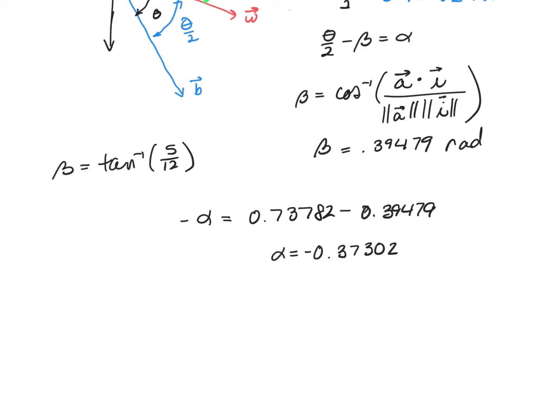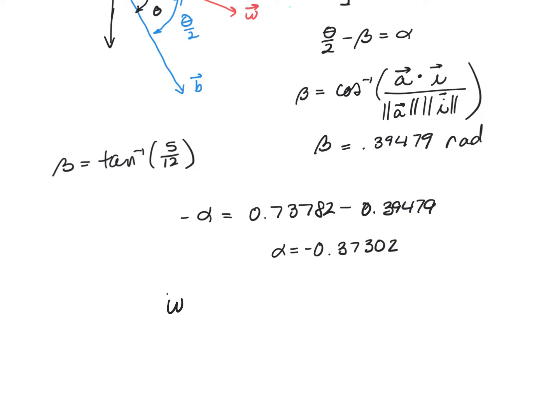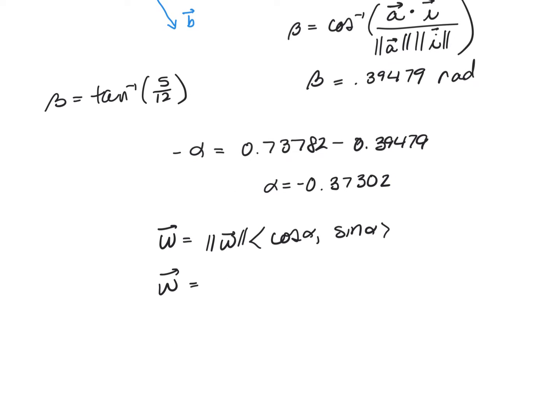There's one more stop. So we know that our vector can be written as the magnitude of W, or if you want to think about it in pre-calculus 2 terms, the radius, multiplied by the components that make this a unit vector, which would be the cosine of alpha, comma, the sine of alpha. So W, we don't know what the magnitude is, so let's just assume it's the unit vector. So let's make the magnitude equal to 1.